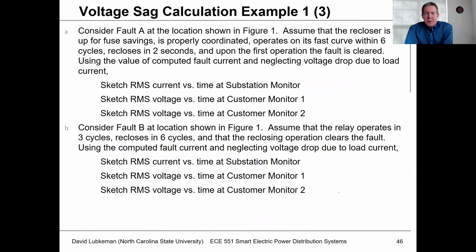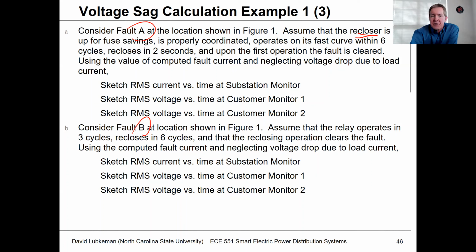So let's look at these two locations, the location for fault A and for fault B. We'll assume in A that the recloser is going to be set up for fuse saving. We're assuming it's properly coordinated everything.